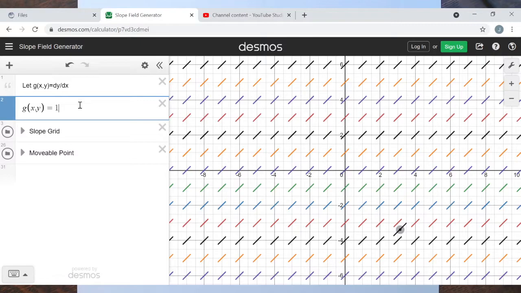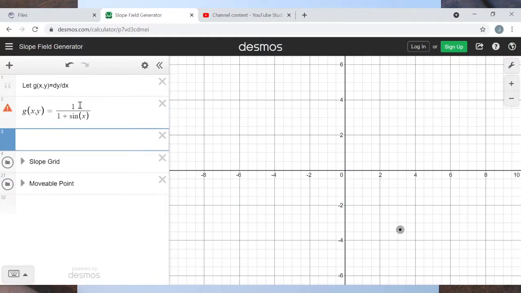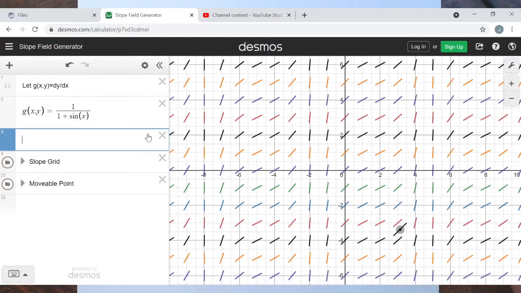And you put in this line just what the derivative is, what y prime is equal to, or dy dx. So 1 over 1 plus the sine of x. Okay, and make sure you're in radian mode. Okay, and there you go. Here's this slope field, direction field for this differential equation.